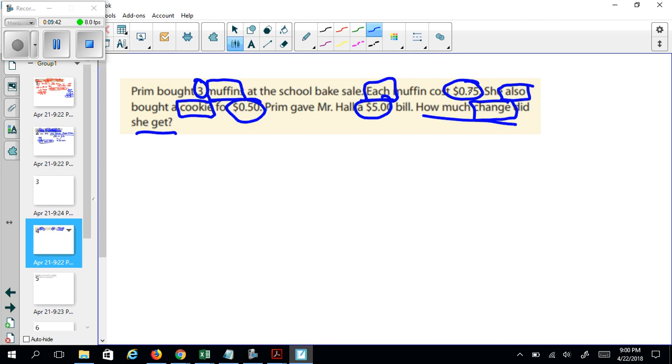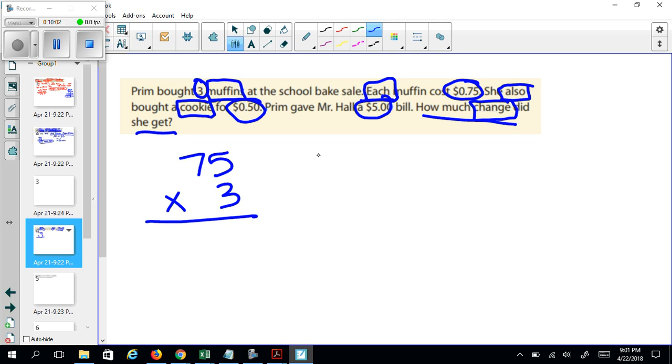I have 3 muffins for 75 cents. So with 75 cents, I'm going to multiply that by 3. Now, when you're talking about multiplying with decimals, you're not going to learn how to do that until 5th grade.